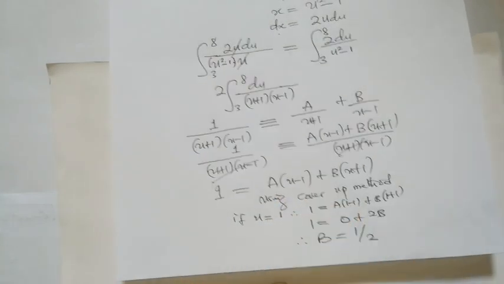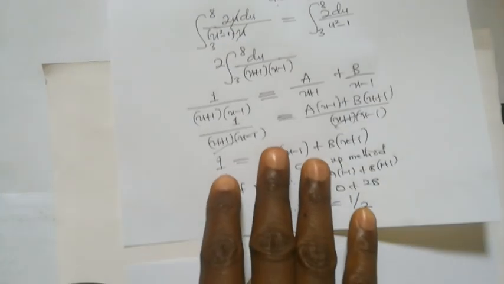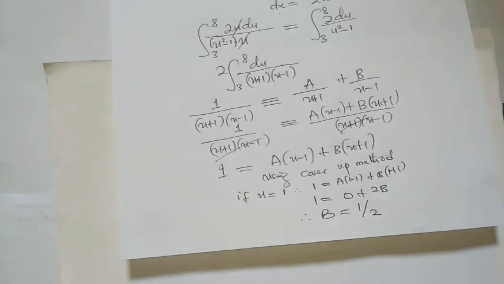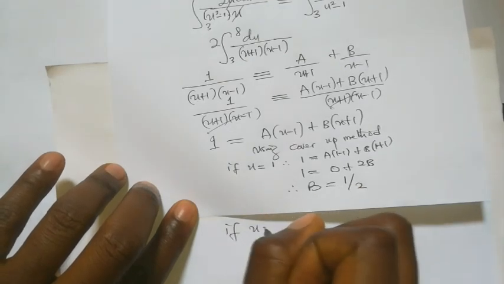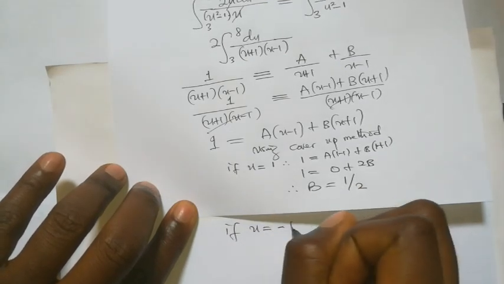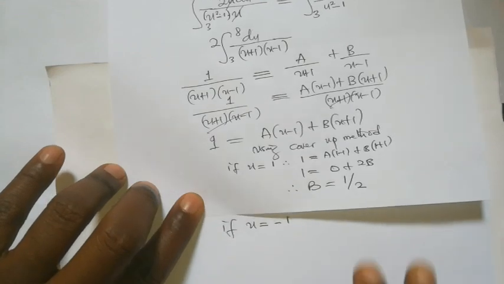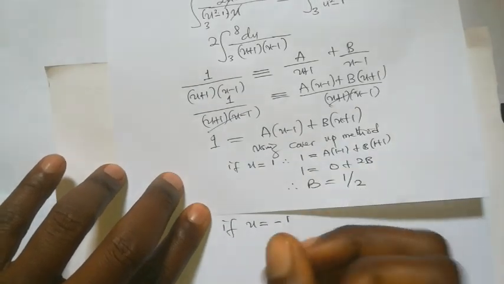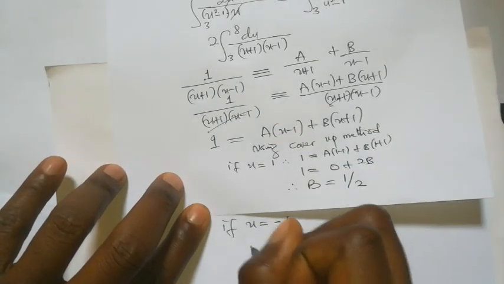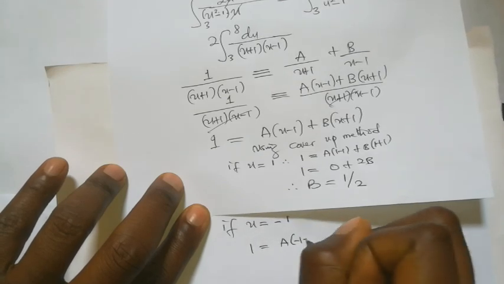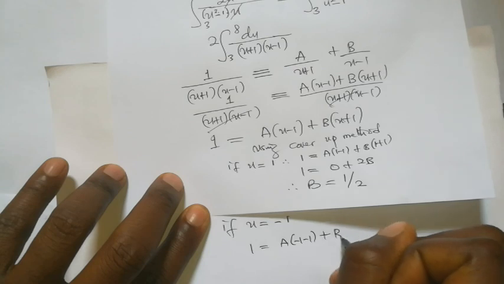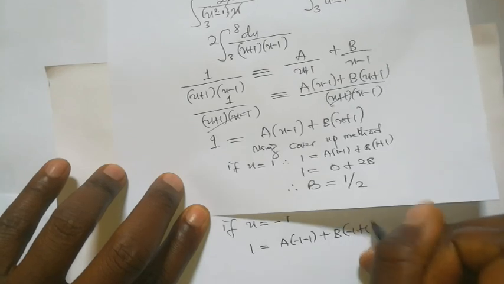Also, if u is equal to minus 1, we are going to have 1 is equal to A bracket minus 1 minus 1 plus B bracket minus 1 plus 1.